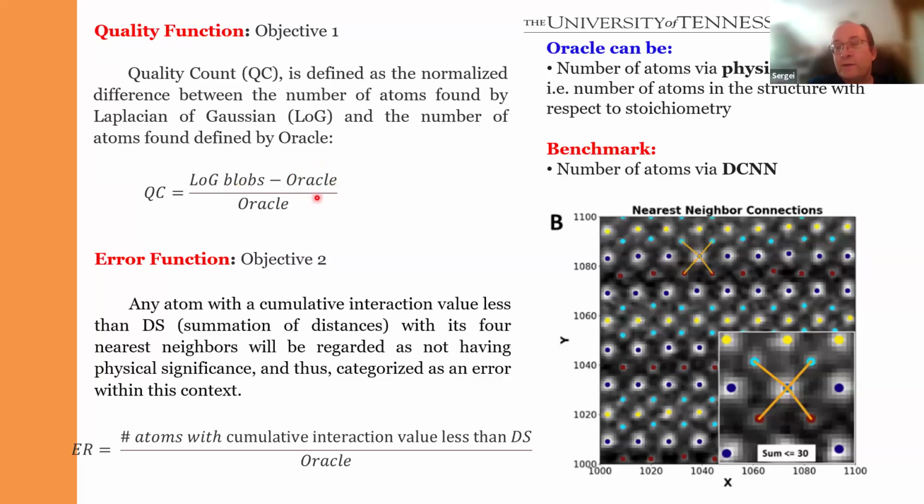This is a good metric, but that's not enough, because if we introduce only the metric of let's find the right number of atoms, or let's find the maximum number of atoms, then the analysis can go wrong.